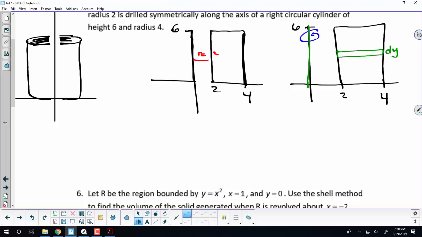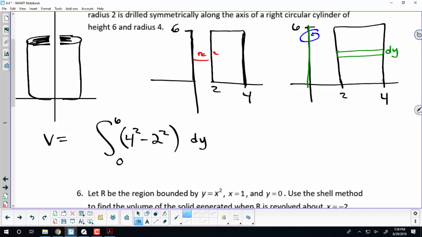So what would that look like if we're computing the volume of this using the washer method with respect to y? Integrated from 0 to 6, 4 squared minus 2 squared. What do y'all think?